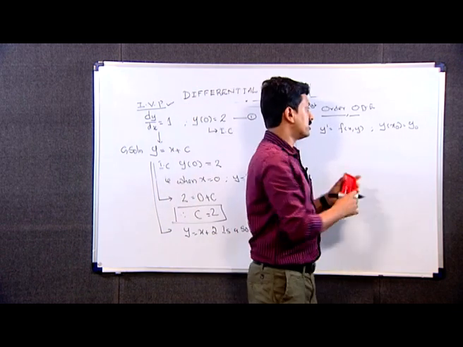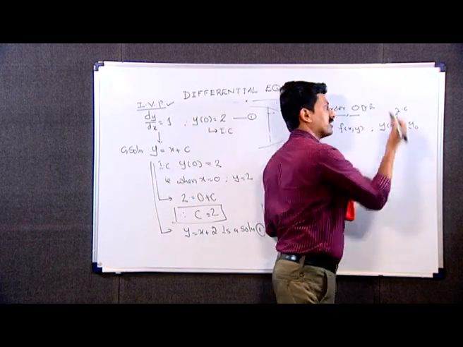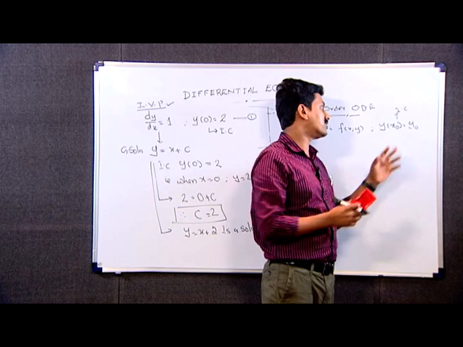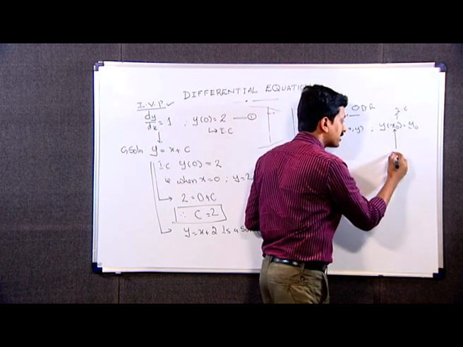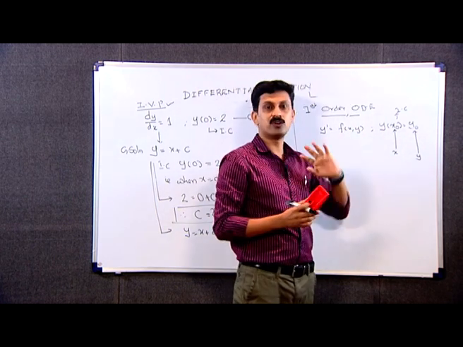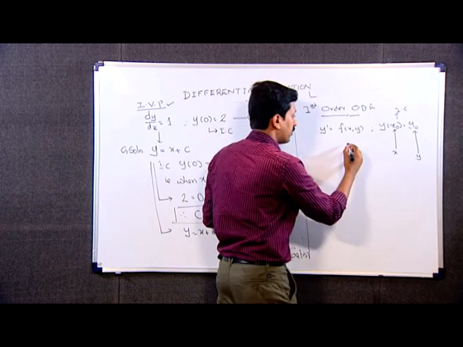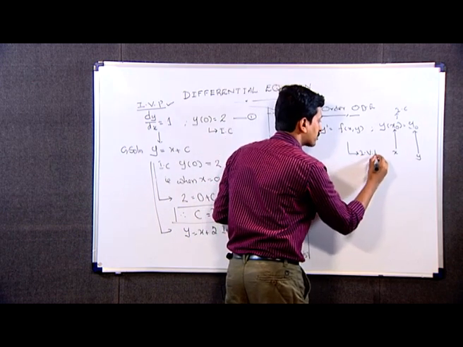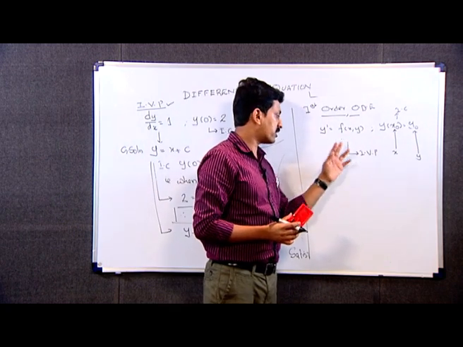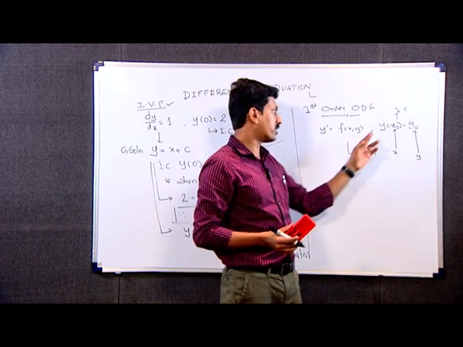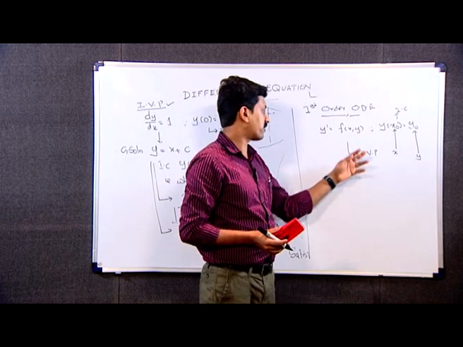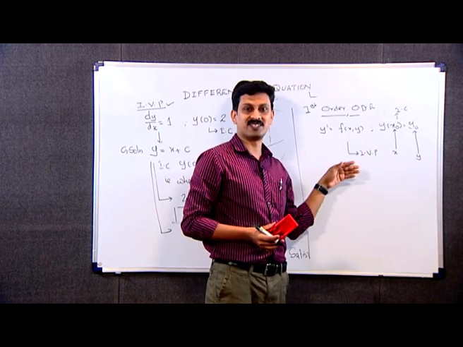This is the initial condition: x naught is the initial value for x, and when x is x naught, the value of y is y naught. This total is called the general form of a first order initial value problem. While solving this, you will get a general solution, and by applying the initial condition, you can find a particular solution.